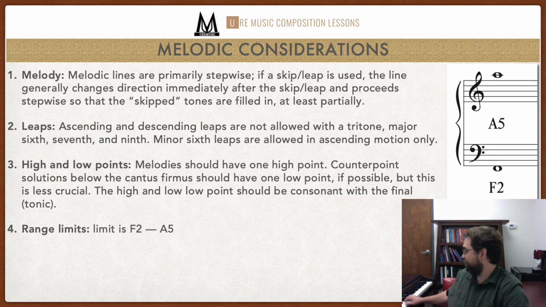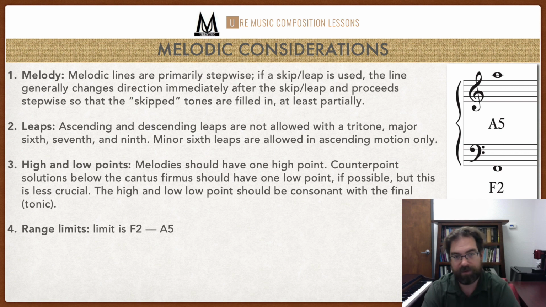So if I jump from C to F, I can then come down to E, that would be my preferred pitch because it's stepwise, or I can come down to D. I could not come down to the B below the C. I cannot come down to the A below the C. We want to fill in those skip notes at least partially.